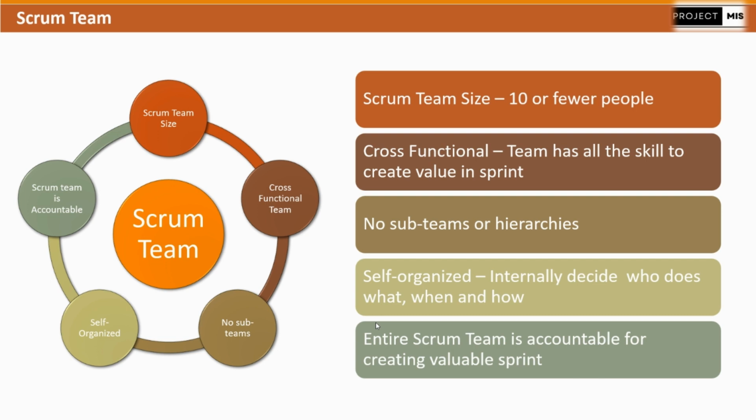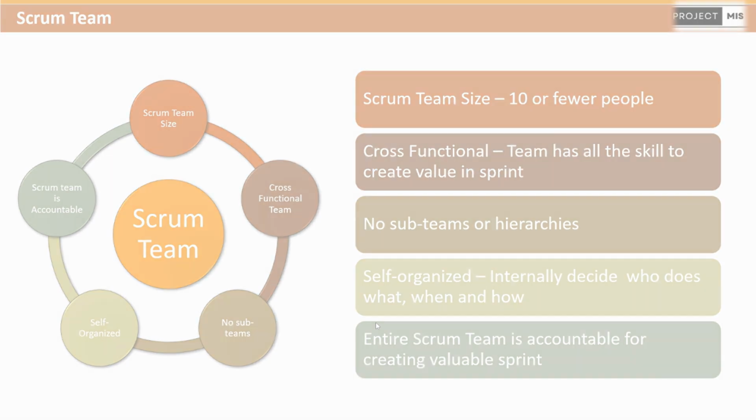So if there is any issue coming from one individual and the whole Scrum team has passed the sprint cycle and we could not rectify it, then somewhere the process is missing, and that is why we are in that situation. So even though the root cause is coming from one individual, still the whole Scrum team has failed. Whatever the outcome, the Scrum team is accountable for the output.